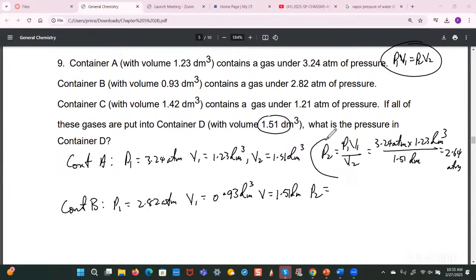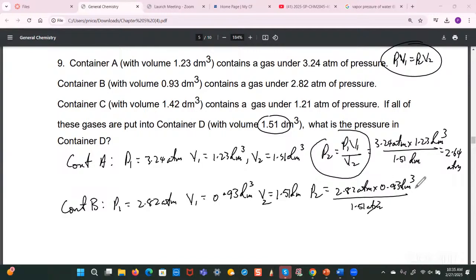Remember this? But we're using these numbers now. Oh, this is B2, I'm sorry. So P2 is equal to what? 2.82 atmospheres multiplied by 0.93 dm³ divided by 1.51 dm³.